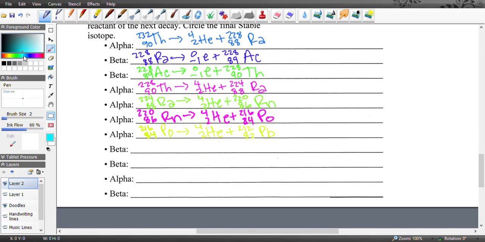And a new color, 212, 82 Pb. Once it undergoes that beta decay, remember, beta, 0, -1 e for electron. Mass is going to stay the same. It's going to bring us up to 83, which is, oh, you know what?